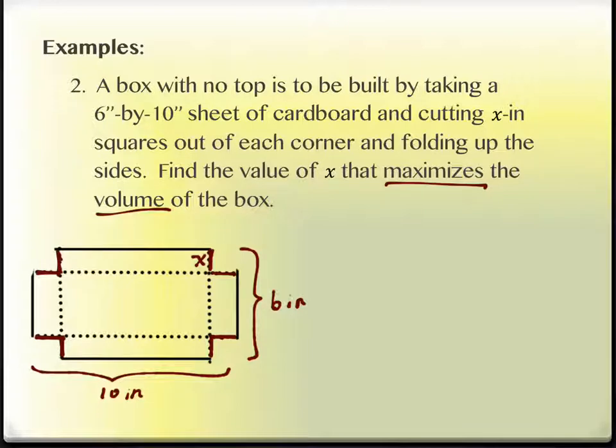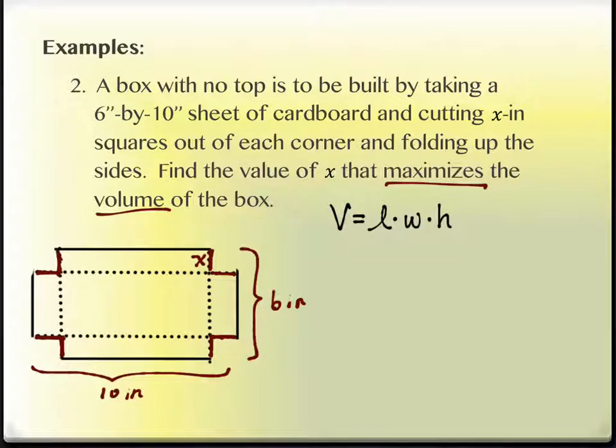So, it's talking about volume. Do you guys remember how to find the volume of a misshapen box? What, say that really loud, Jared. Length times width times height. That's 3 variables, isn't it? It is.